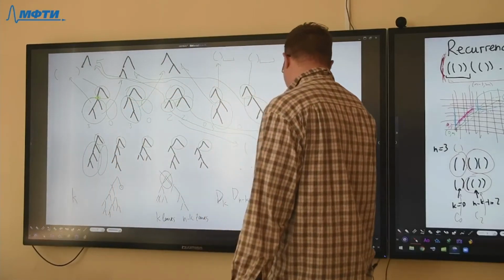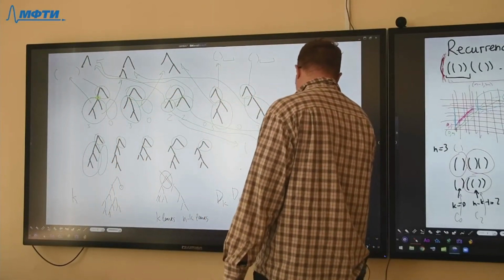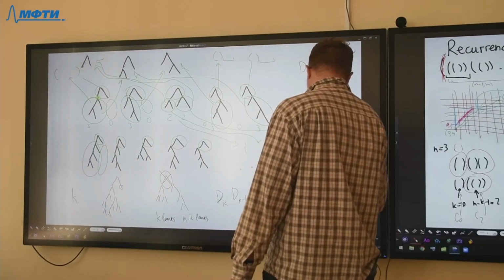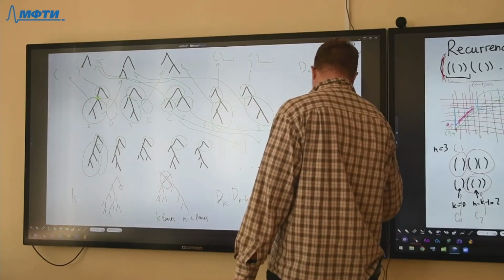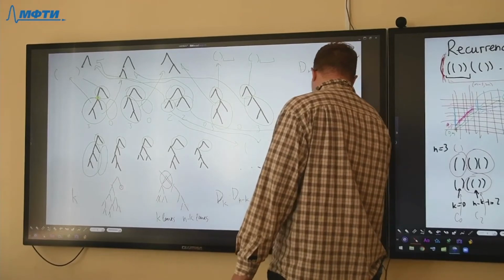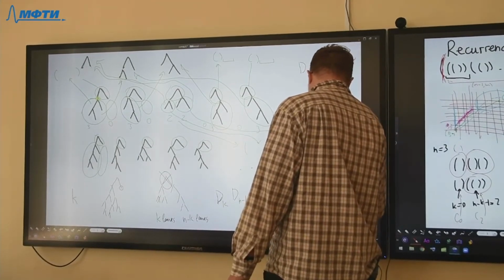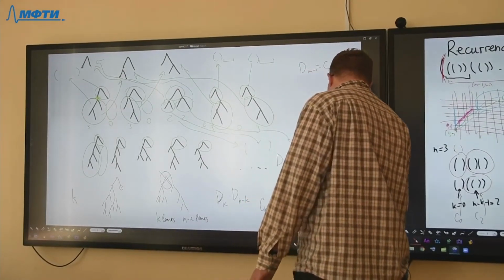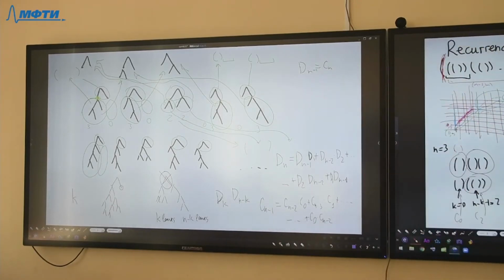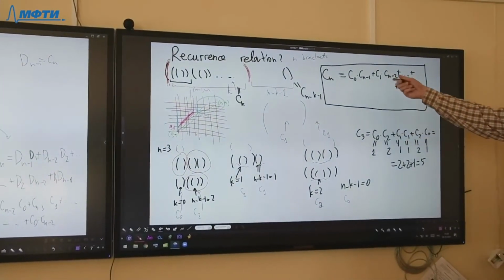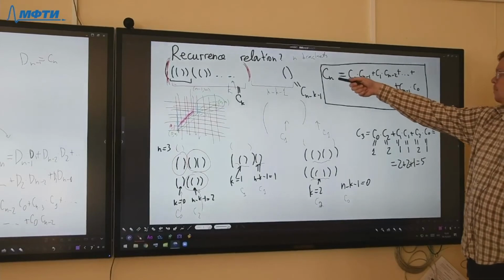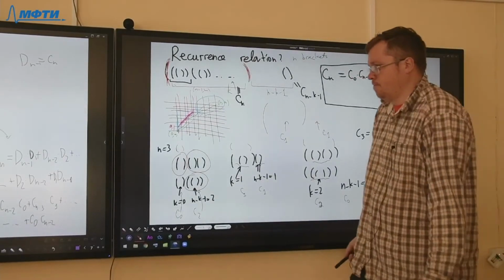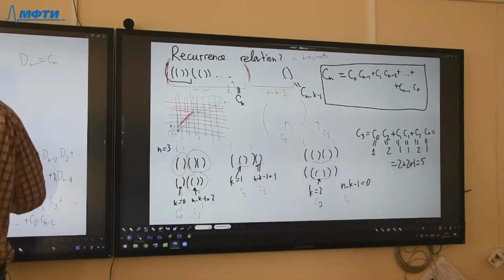That's the following correspondence: C_{n-1} is equal to C_{n-2} times C_0 plus C_{n-3} times C_1 plus etc. plus C_0 times C_{n-2}. And this is the same as my recurrence relation if I put n minus 1 instead of n here. So this is the same.